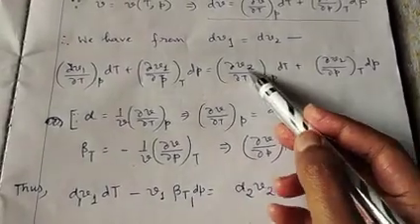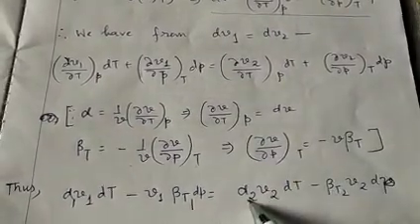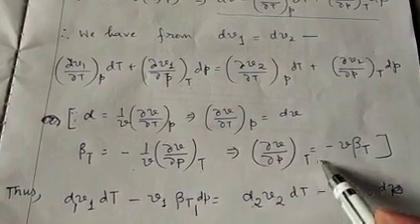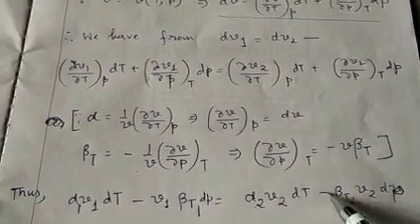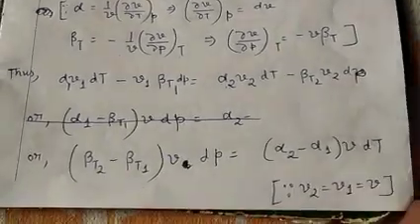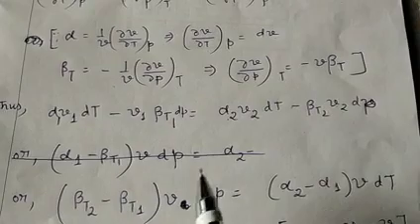So ∂V2/∂T is replaced by alpha 2 V2, and the ∂V/∂P term is replaced by minus beta T2 V2 dP.